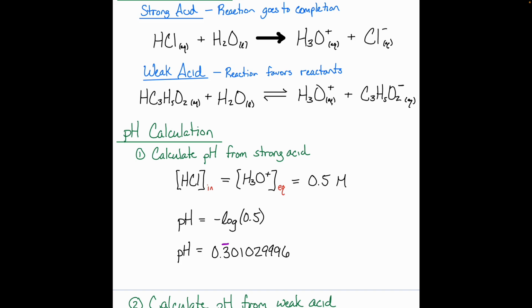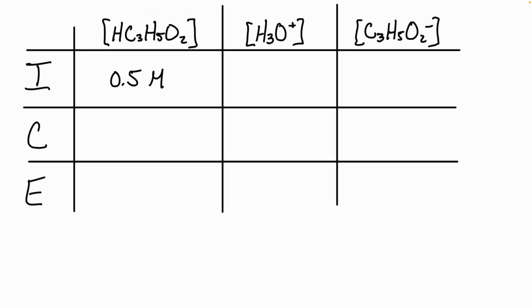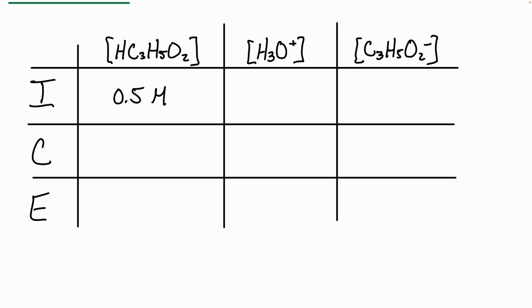The strong acid, because 100% of that strong acid dissociated. So yes, I'm also starting out with this 0.5 molar, and we're just going to make a note here that this is from our strong acid. All right, but prior to the dissociation of that weak acid, I don't have any of its conjugate base in there.